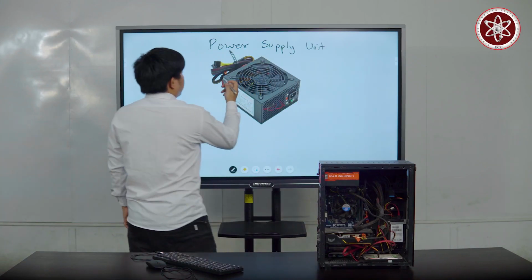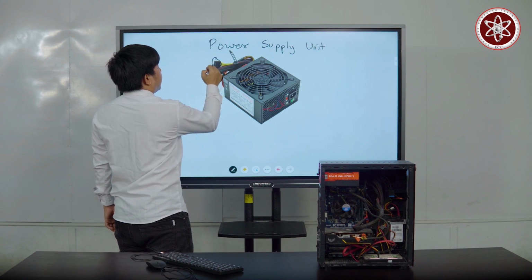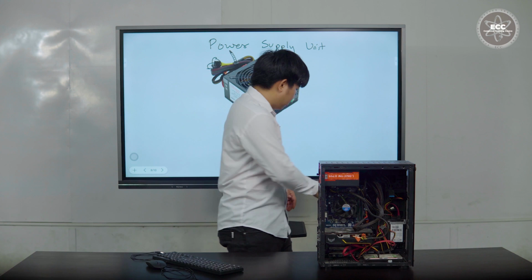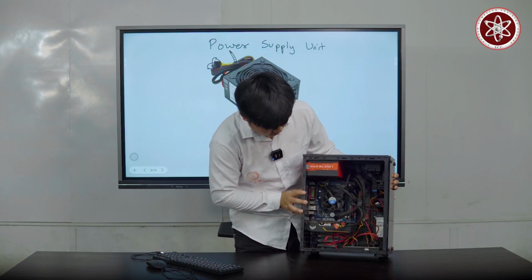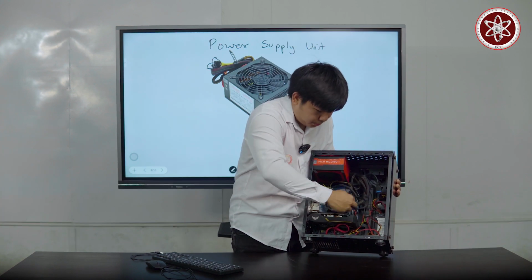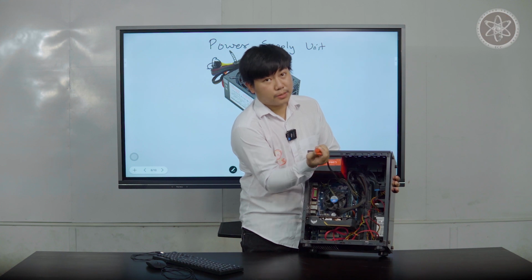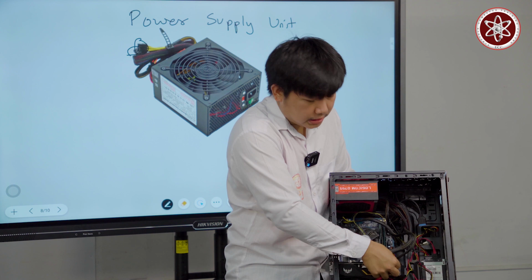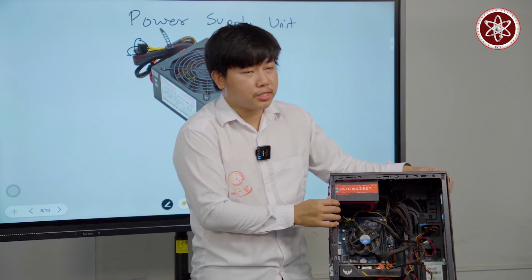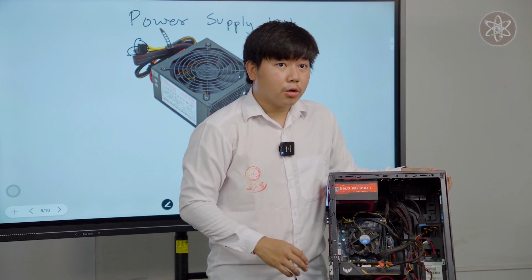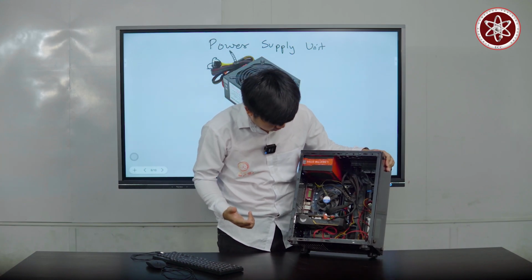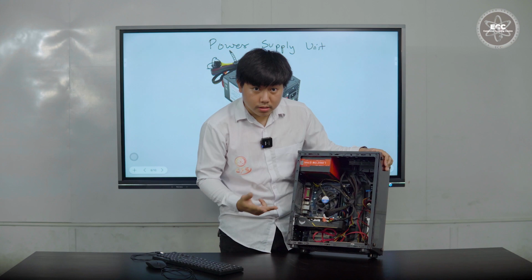Here, when we look at it, we'll see the heads. These heads go to different components. This one is for the GPU. It has 6 pins, and it works individually. It doesn't take an electricity supply from the motherboard. So what about the CPU, RAMs, and some fans?